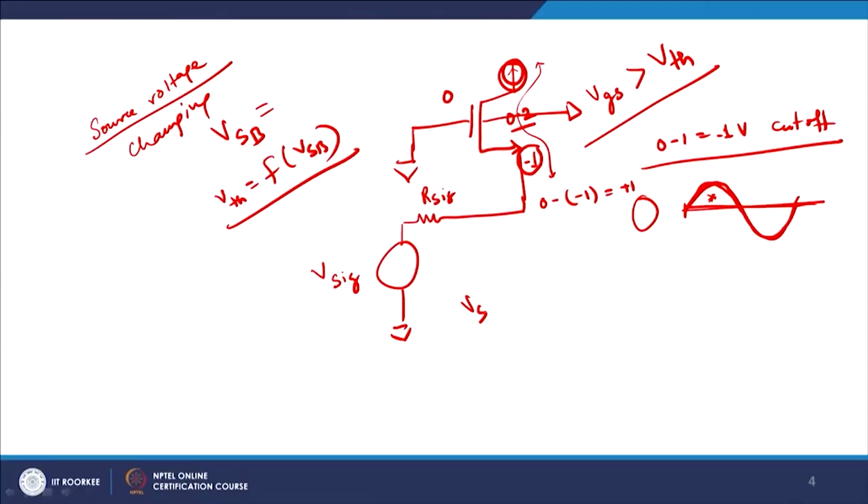So, under the condition that your VSB is equal to 0, there will be no body effect, and your VT will be effectively constant, right.